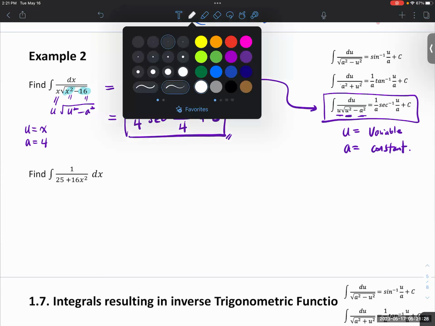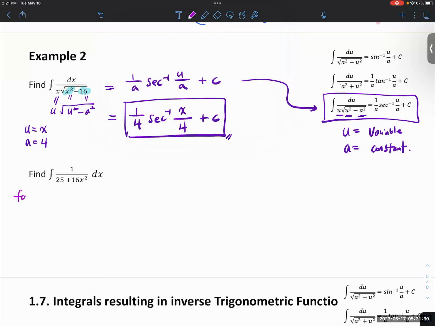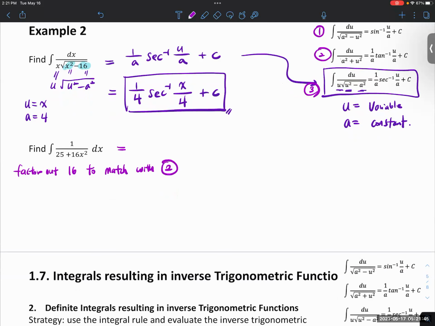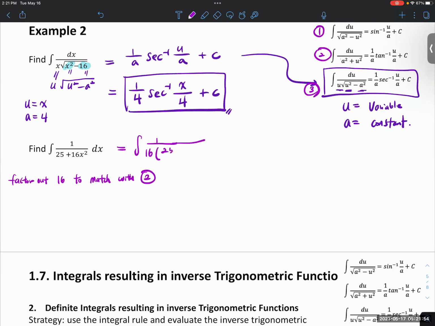So what we're going to do is factor out 16 to match with number 2, right? So if I factor out, what happened? Integral, 16 factored out, so 25 over 16, because when you multiply it goes back to 25.